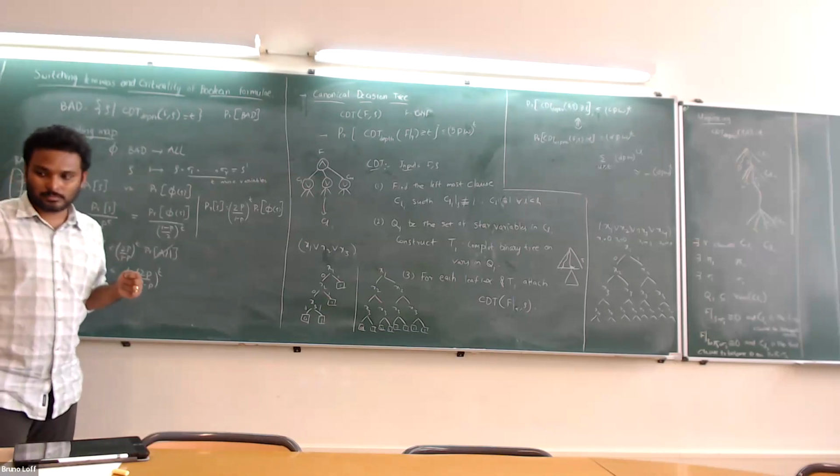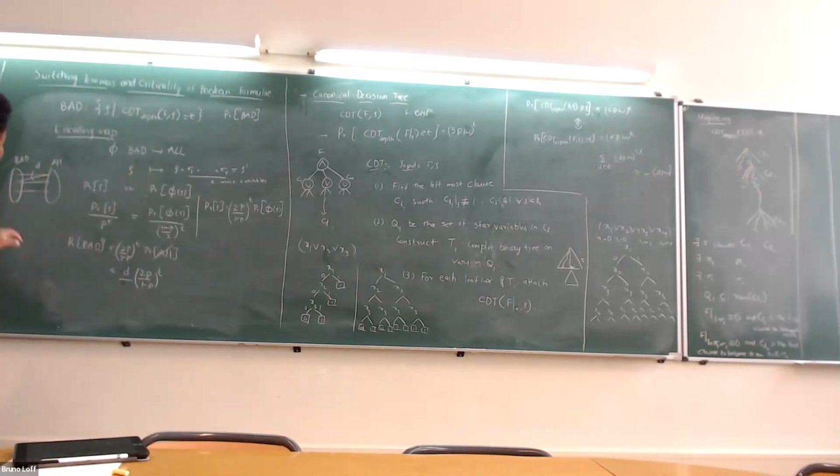Another way of saying it is that the image of phi has to be smaller. Just by that difference in probability, I don't think we are exploiting that as much. The image is small.